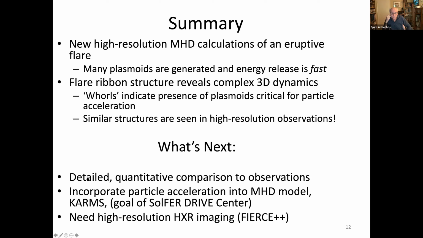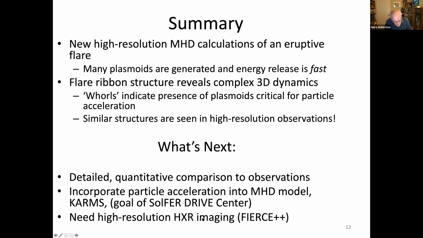What's next? We need to make detailed, quantitative comparison to observations. We need to incorporate particle acceleration into the MHD models. We have a theory for doing that, so-called K-arms. This is the goal of the Sulfur Drive Center, which we're involved with. But we also need high resolution hard X-ray imaging.